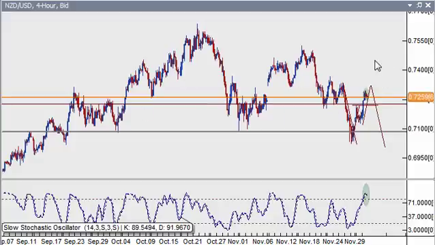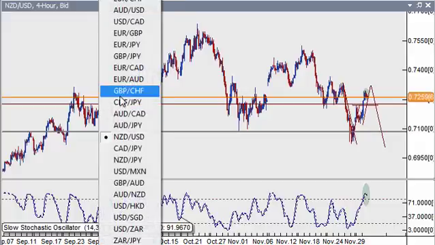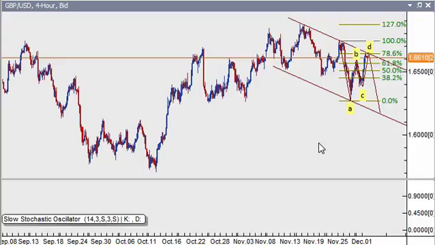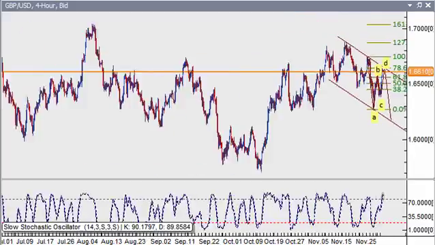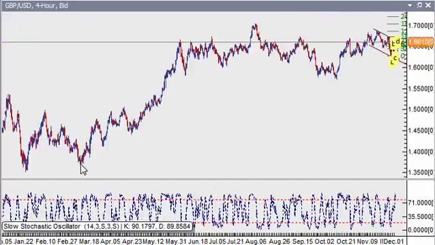Now compare this to the pound dollar. Let's zoom out, and we see the pound dollar pair had a rally earlier in the year, but that stopped in May, and it's been ranging since May.